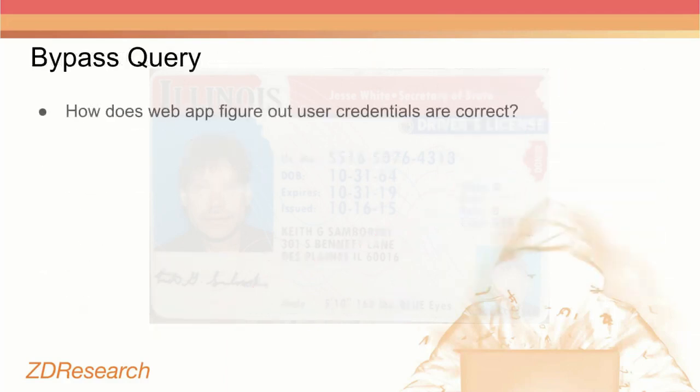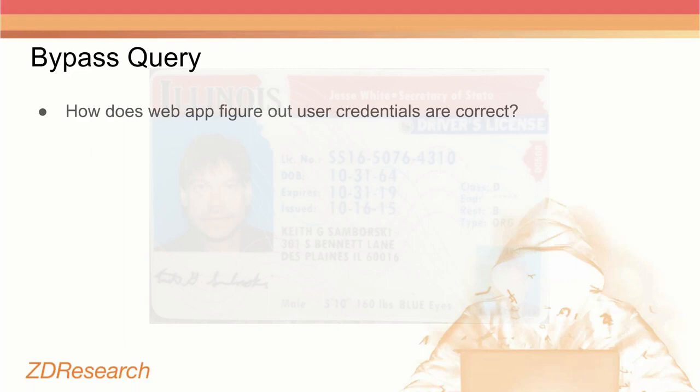All right, let's see how we can bypass the authentication. As I said before, the user credentials are only correct if the username and password entered are found in a database. So the condition of the SQL query, which comes after the where statement, should be true.